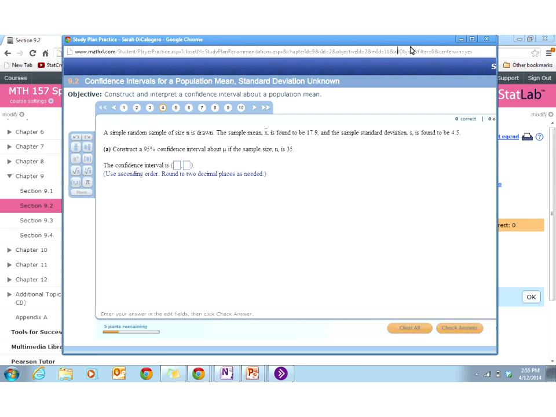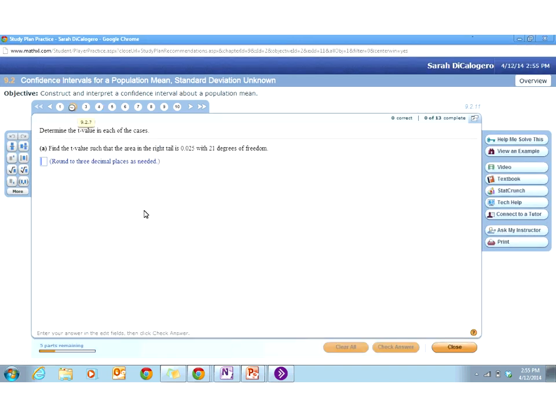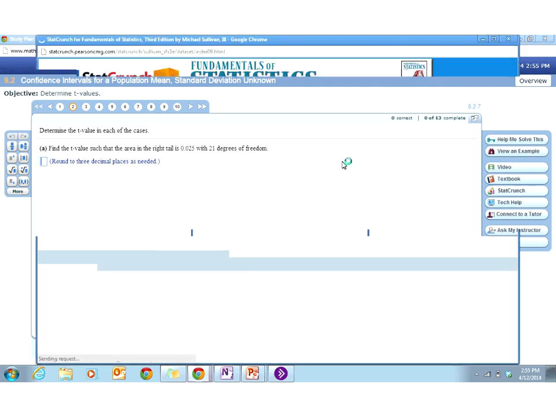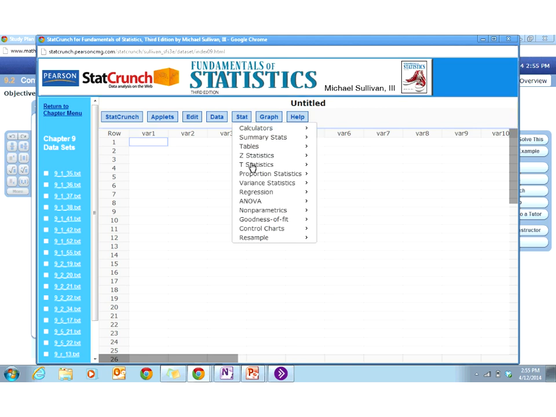So I want you guys to, here it is. Let's go back to number 2. Area in the right tail is 0.025 with 21 degrees of freedom. Go to StatCrunch, Stat, T statistic, oops, wrong one, calculators, T.